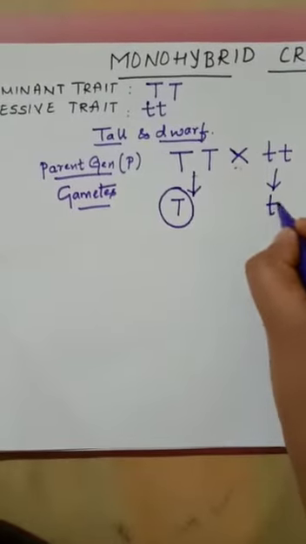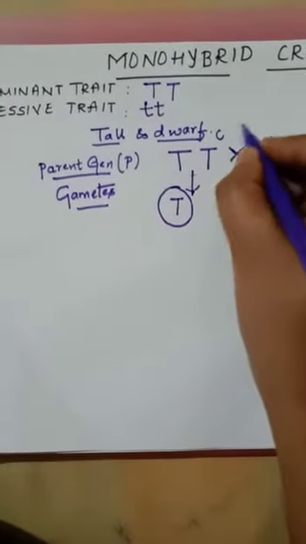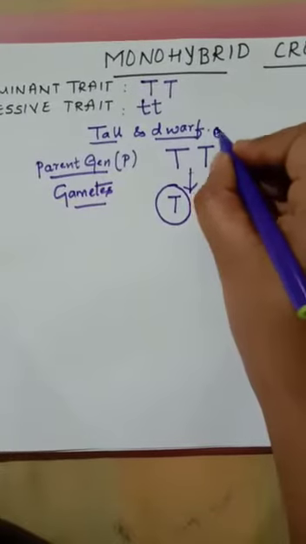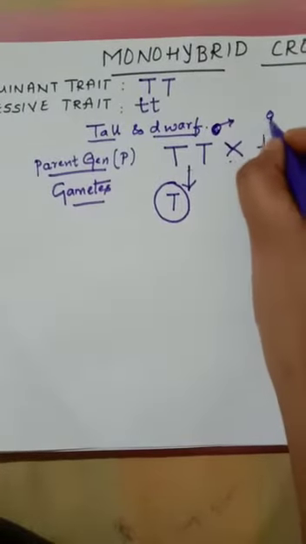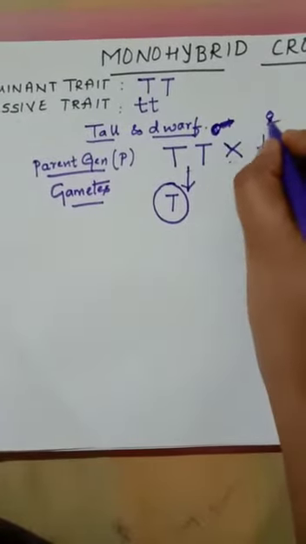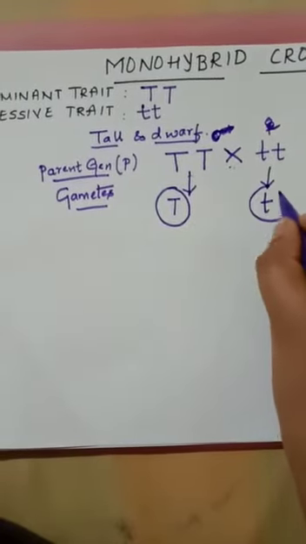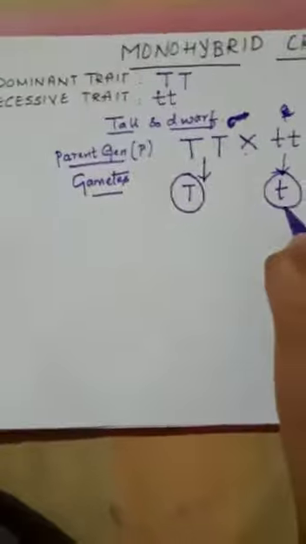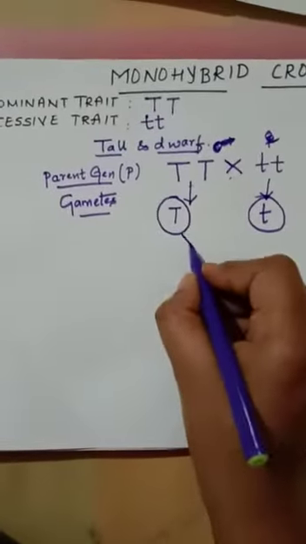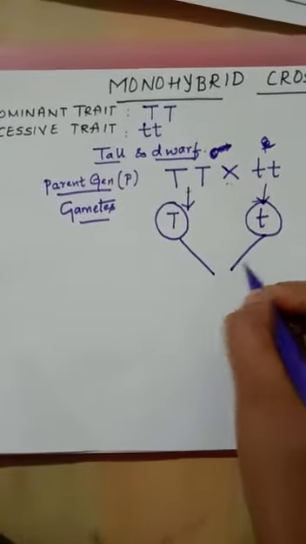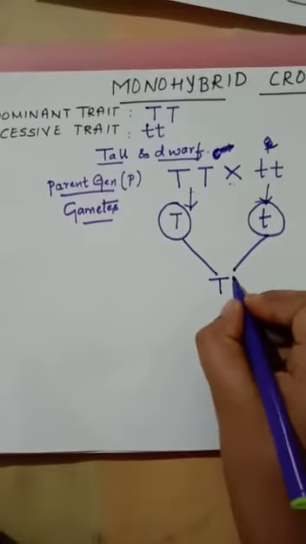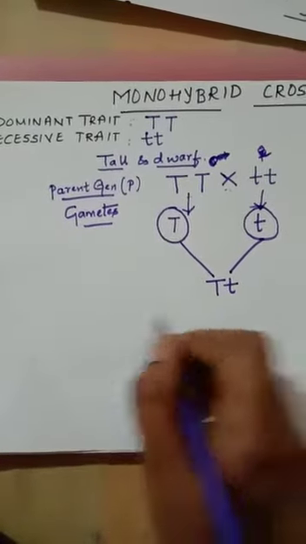So next is from the other parent. So this is one parent and another parent, that is male and female, you can guess, or you can just consider it like that. One more is another gamete, that is small t. So they fuse together to form a zygote, that is capital T and small t.